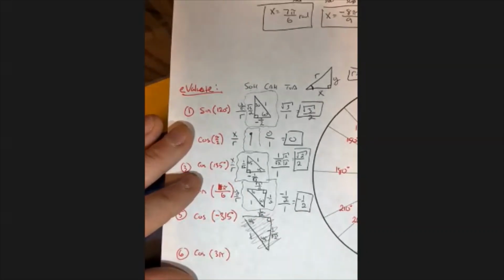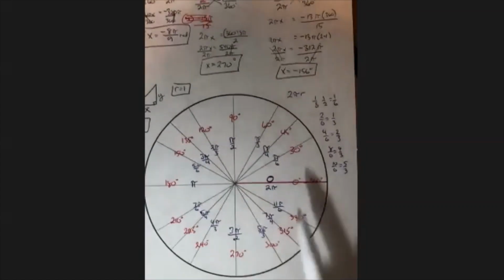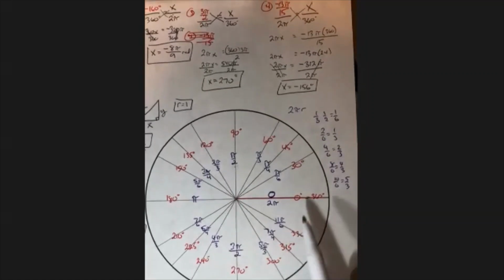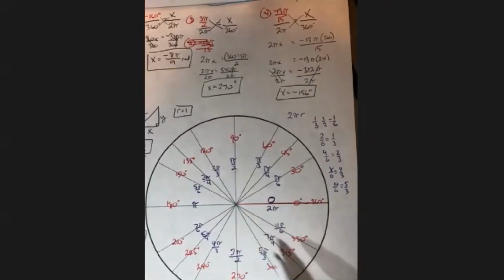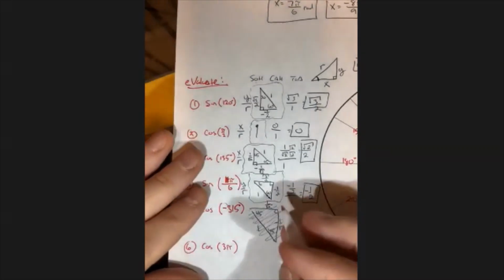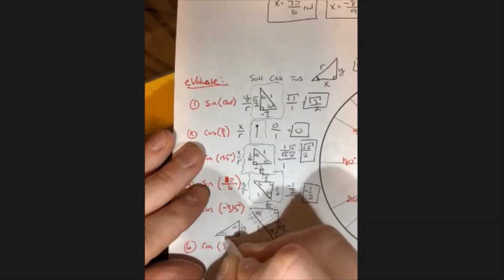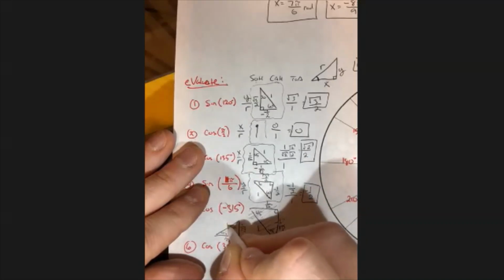Negative sign. I just basically did positive 315. We're going the other direction. So if I'm at the 45 down, I'm now at the 45 going up. So it's the same triangle, but a different orientation. So 1 over the square root of 2, 1 over the square root of 2, and 1.